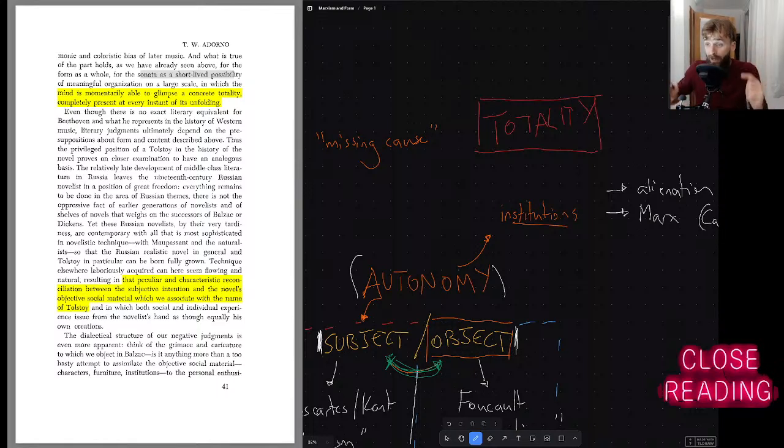Totality for both Marx and Hegel is not that kind of totalizing system, or rather it is, but in a different way. Because to say that a system is totalizing is to already have imagined a possibility beyond it, right?